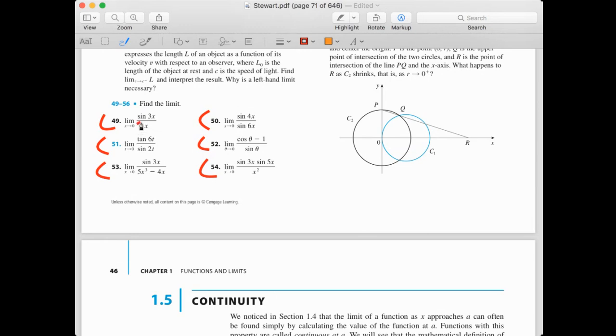So we're missing a 3 in the denominator, so we multiply by 1, and this one is 3 over 3. So 3 sine 3x over 3x. Then sine 3x over 3x is 1 under the limit when x approaches 0. So we're left with a 3, and the 3 is just a number, right? A limit of a number is a number. So that's 3. Okay, great. So that's 49.